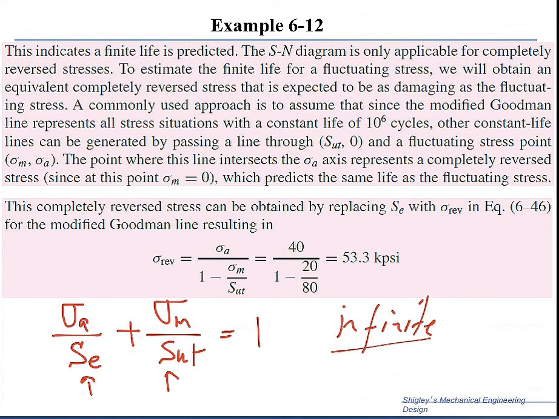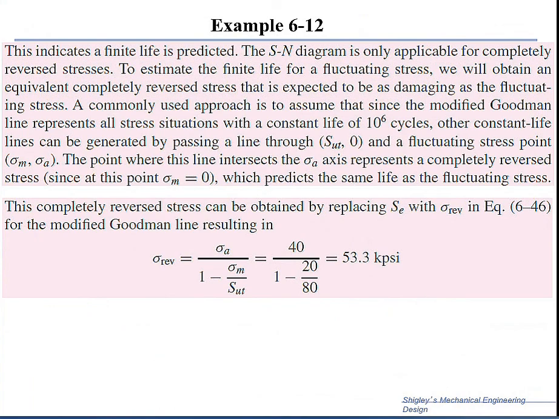So what we'll do is we ratio now the alternating not to the endurance limit, but to kind of an effective equivalent stress that is reversible, which we call sigma REV. So we would modify it by saying sigma A divided by sigma REV instead of the endurance. This is for a finite life, not for infinite.